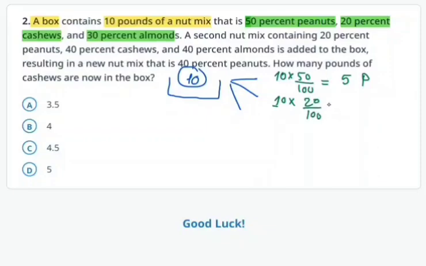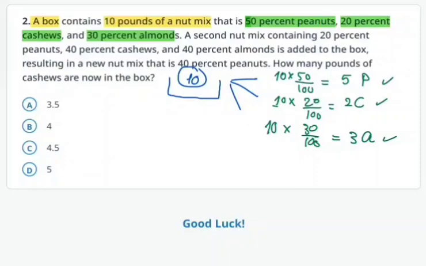We need to calculate 20% of 10 pounds, which is 2. 2 pounds of cashews, C for cashew. And 30% almonds: 10 times 30% equals 3. 3 almonds. So here are the amounts of peanuts, cashews, and almonds in the first quantity.